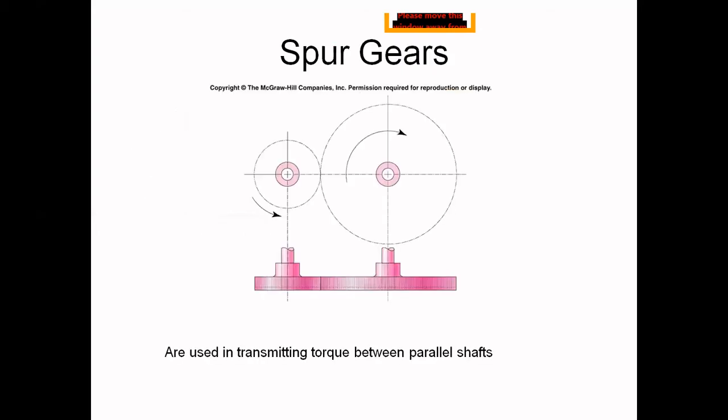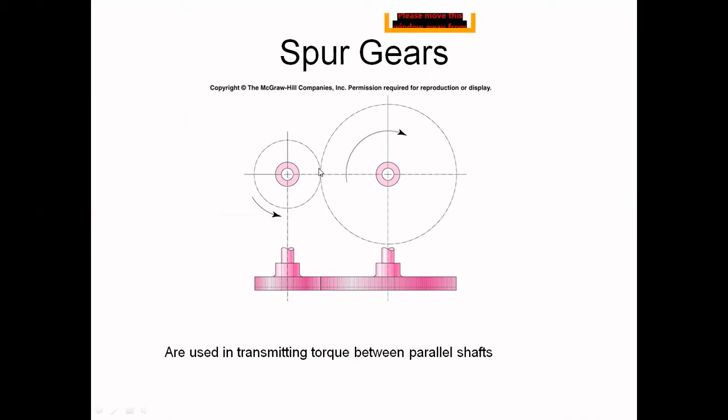Then you can see this diagram. In this, power is transmitting from one shaft to another shaft. At that time, the one gear which is smaller is known as the pinion, and the larger one is known as the gear.